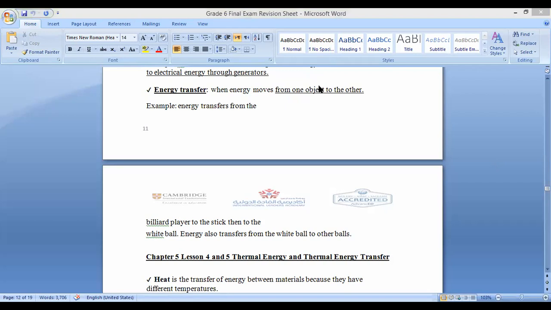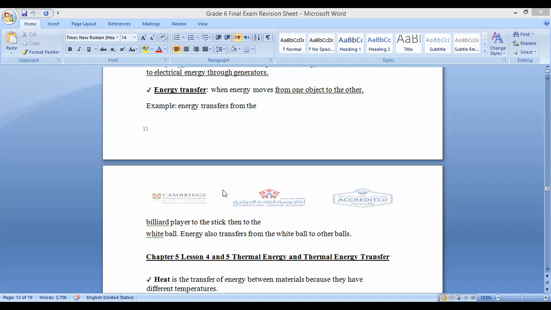Yes, of course. You hold this stick, and the energy transfers from you, the player, to the stick, because you are moving the stick. The stick will hit the white ball, and this energy will be transferred to the ball. This ball will hit other balls, and this energy will be transferred to other balls. This is an example of energy transfer.